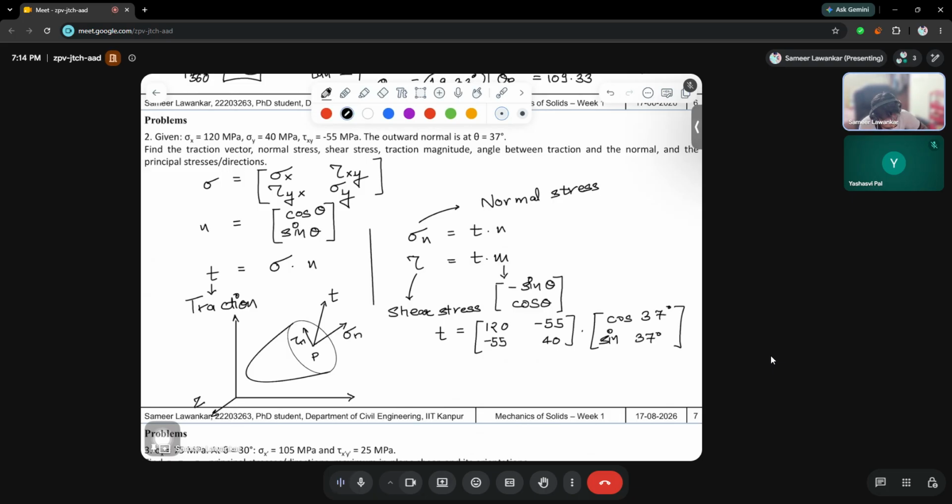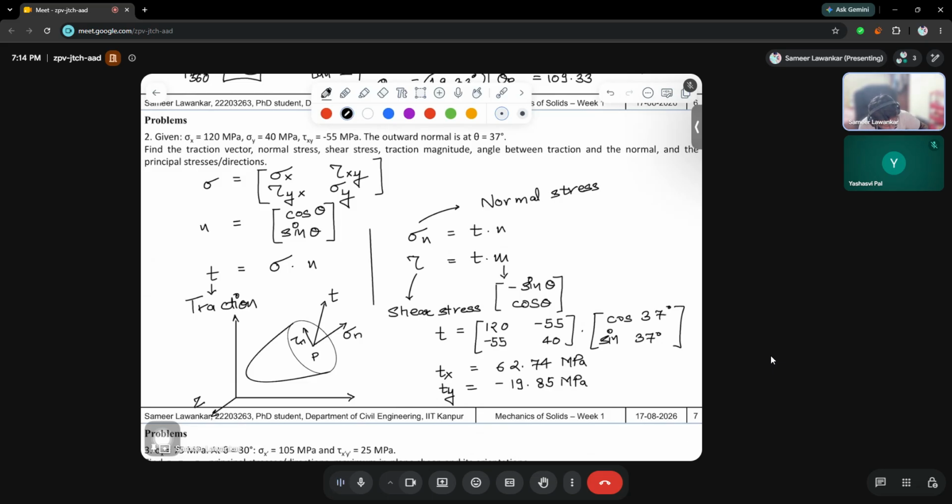When you solve this, you can simply get Tx, which is in the i cap and j cap, correct? It is nothing but 120 cos 37 minus 55 sin 37. That will give you the value as 62.74 MPa. Similarly, Ty is minus 19.85 MPa.